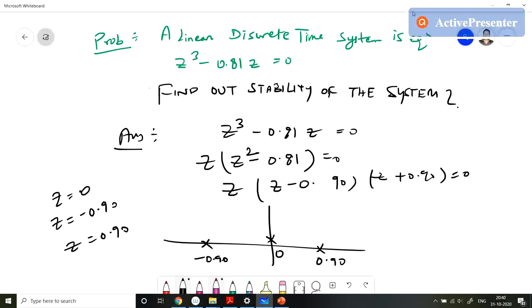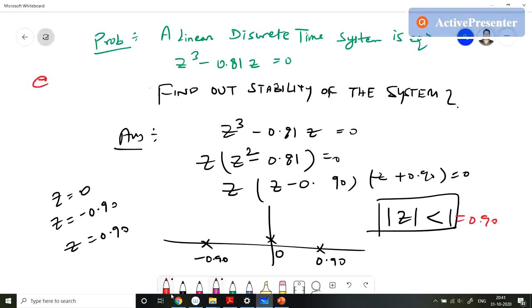For stability of the system, modulus of z should be less than 1. Since the modulus of all the poles is less than 1, and the modulus we have is 0.90, all the poles are inside the unit circle.